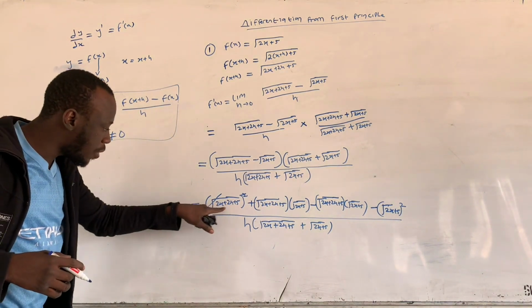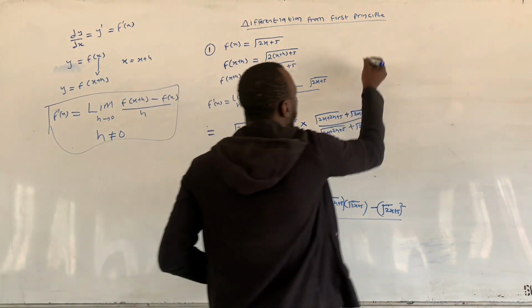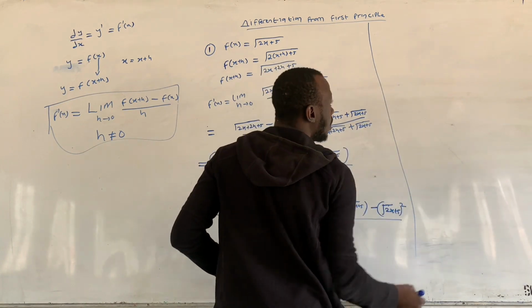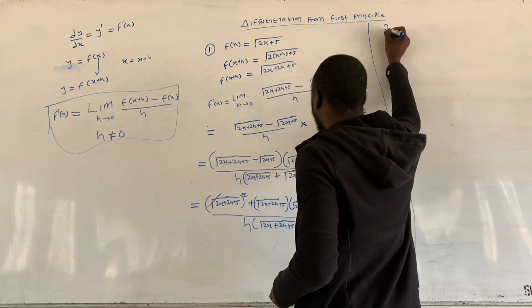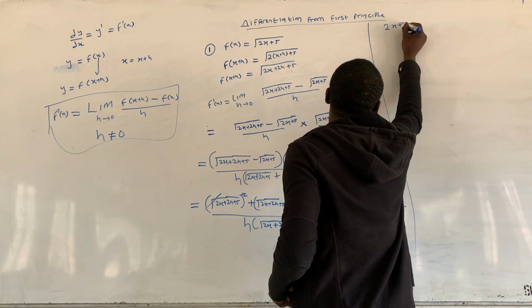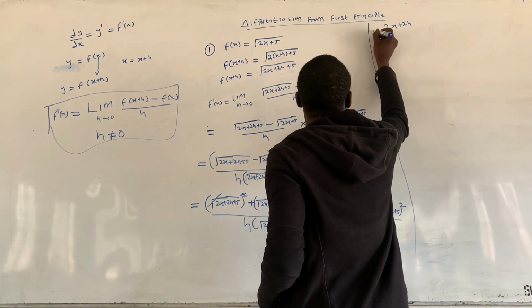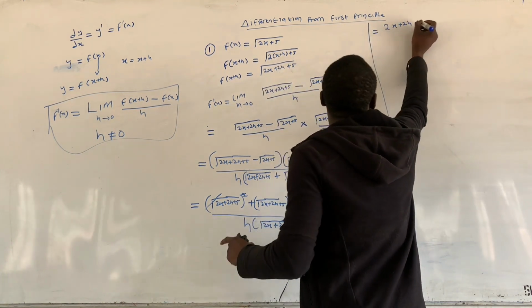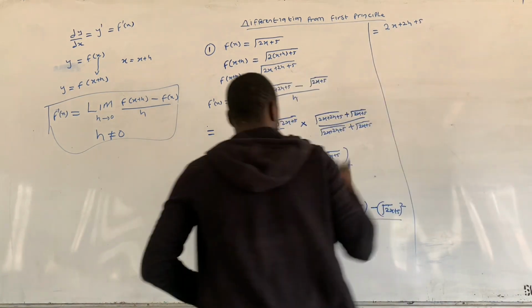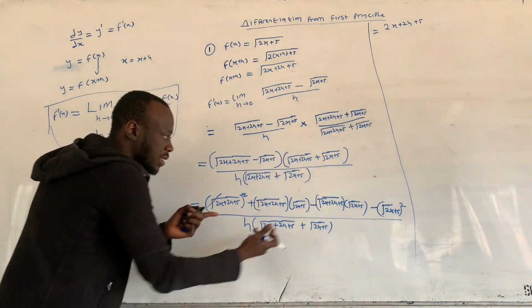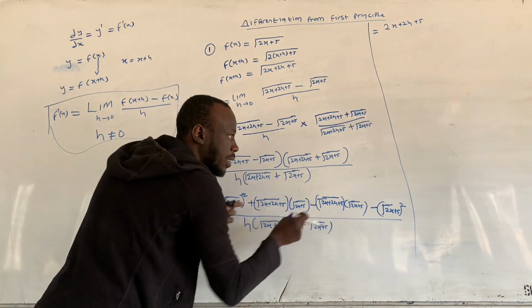This leaves us with 2x plus 2h plus 5. So now these two are equal.